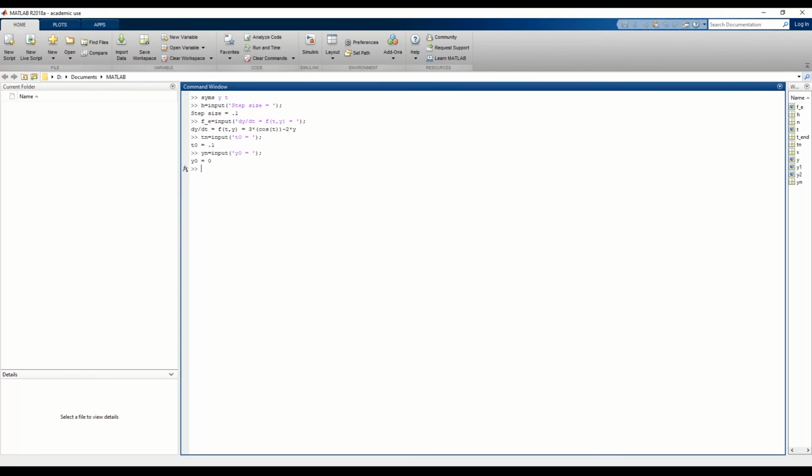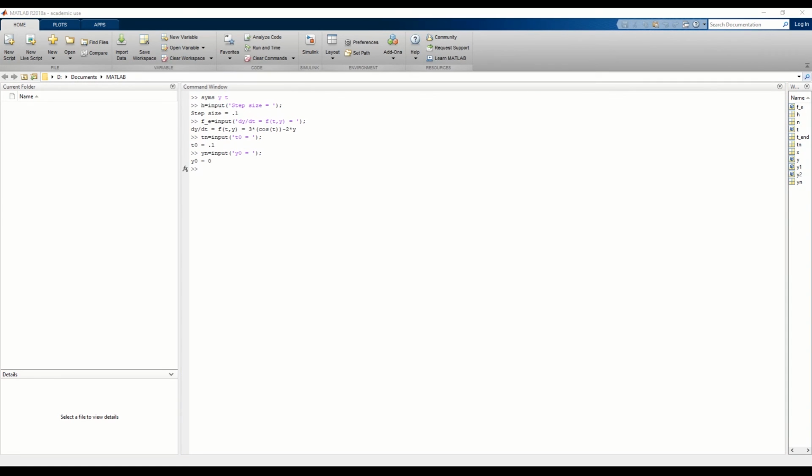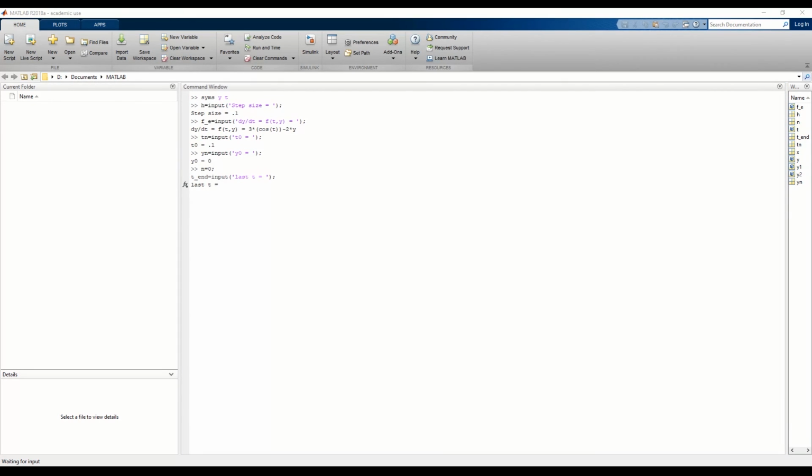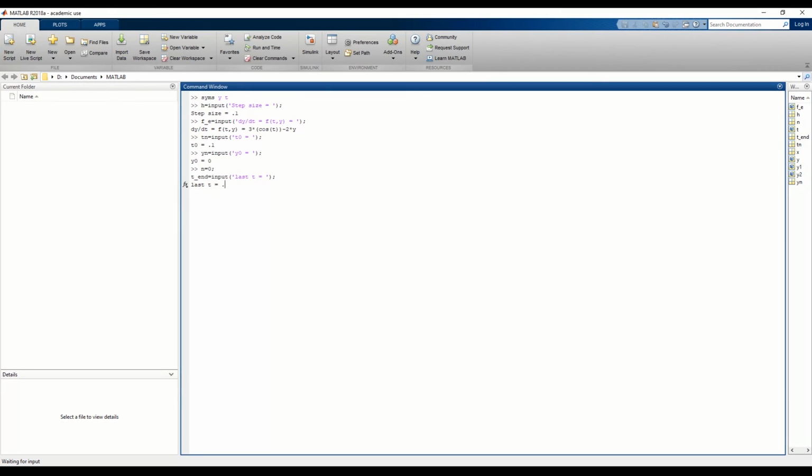The y sub 0 that we're going to use is 0. Next, we input the last t value in this equation. Here we're going to use 0.4.